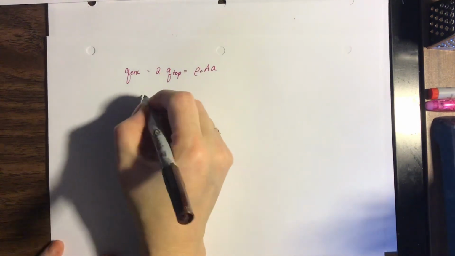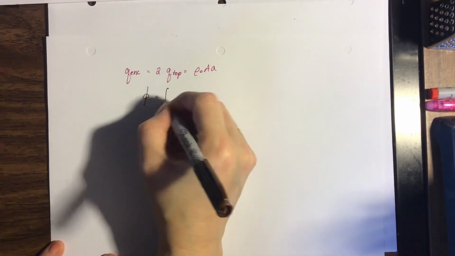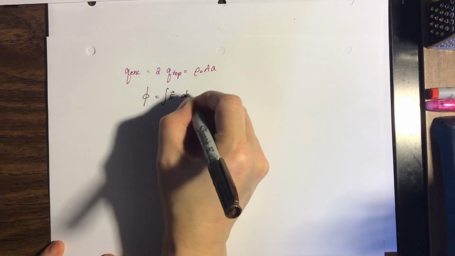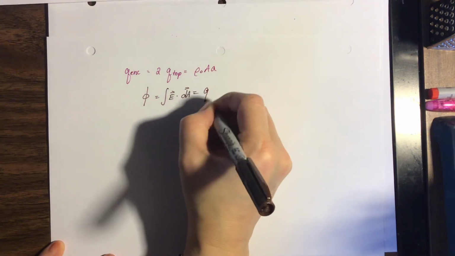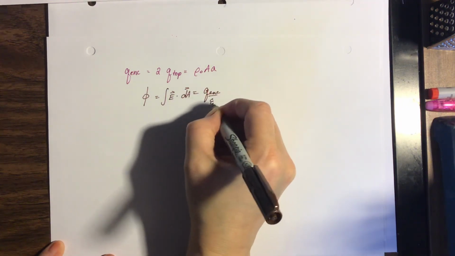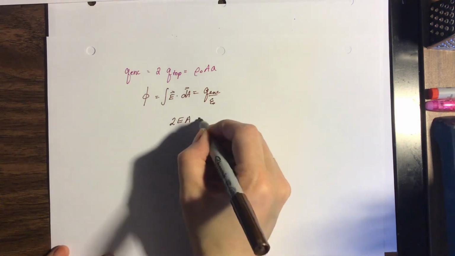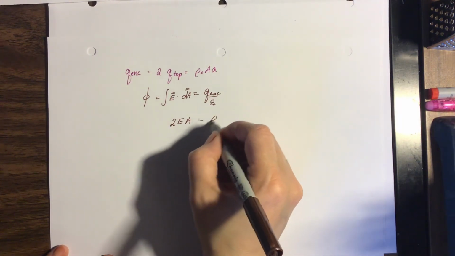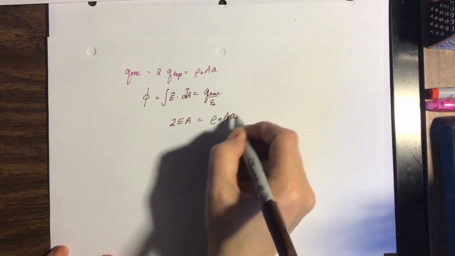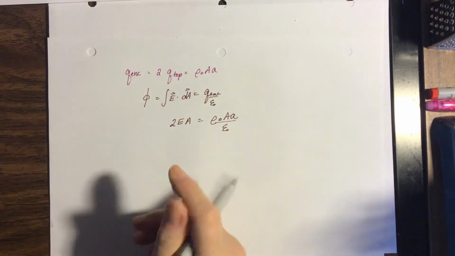Gauss's law says that the net electric flux is the integral of E dot dA equals Q enclosed over epsilon naught. Integral of E dot dA we saw was 2 times E times A. Q enclosed is rho naught A over epsilon naught.